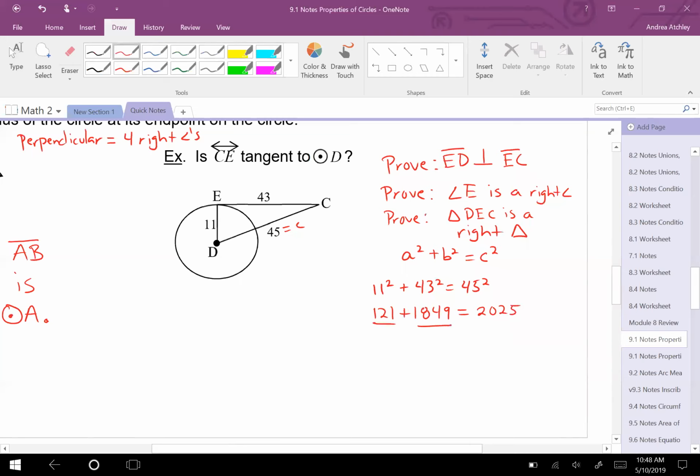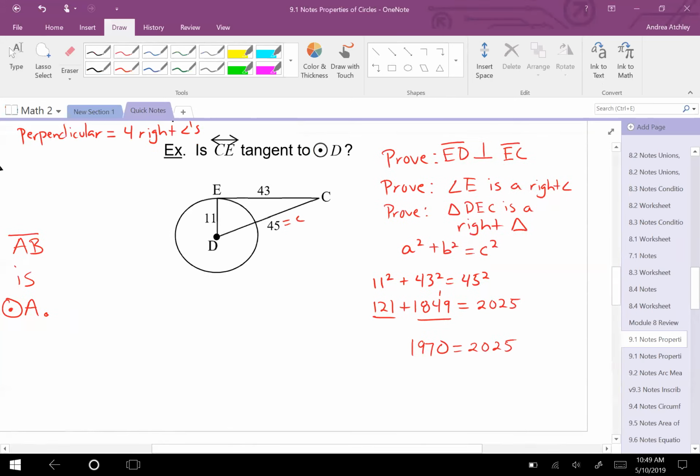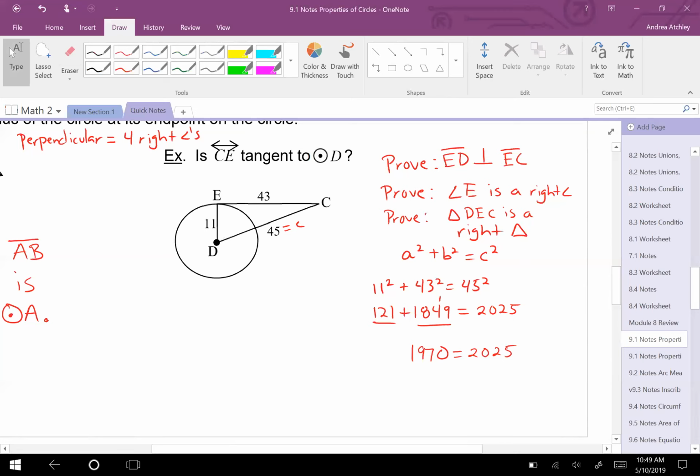Okay, when I add these two, I should get 3,874... Are those equal? No. So this is not a right triangle. Okay? So that just now shows that that is not tangent. Okay. So we'd say no.